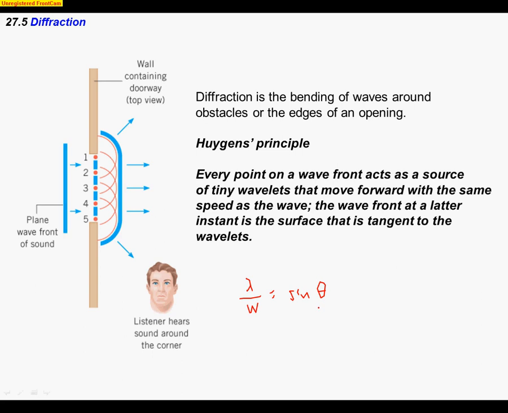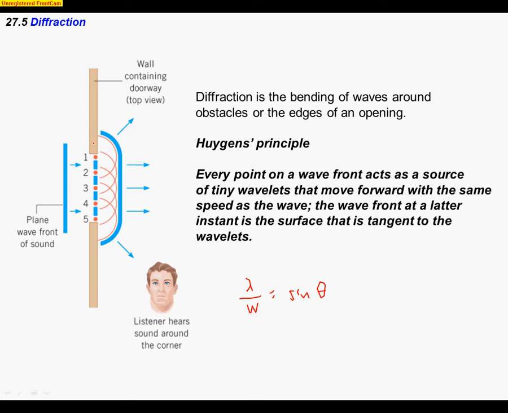So one way that we can look at why diffraction happens is based on Huygens' principle. Huygens said that if you've got a wave coming in and hitting an opening, the reason that wave spreads out is because you can think of each individual little point in that wave as its own new source of waves. And remember, a source of waves will produce waves that spread out in a spherical shape all around them.